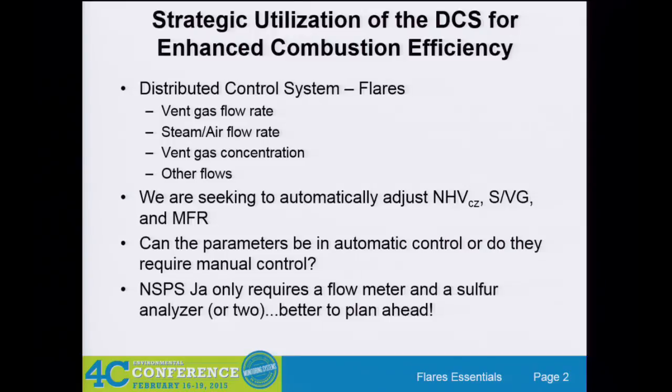We're going to go over just a couple of different scenarios that people have encountered before. One of the things is where is this control system done? Typically at facilities, if it's a process-related control, it's all being handled inside the DCS.